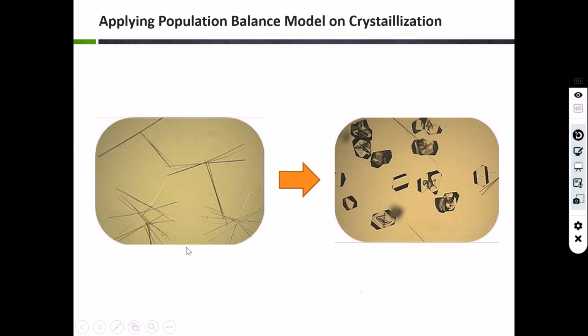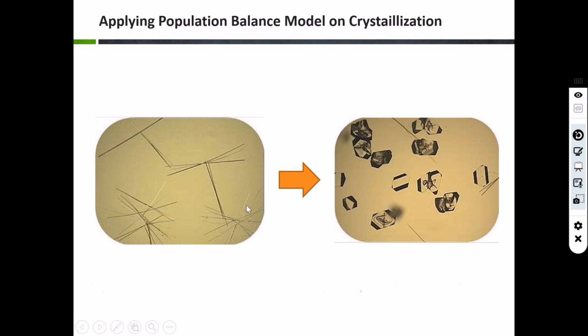So here, it shows two extreme conditions. On the left-hand side, as you can see, it is a needle shape. In this shape, the dissolving curve will not fit the design.